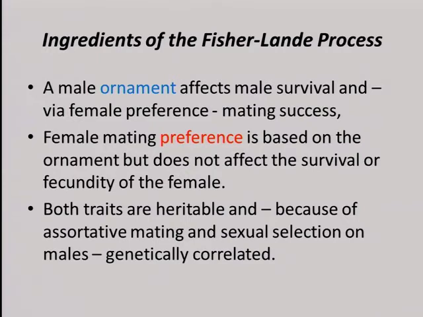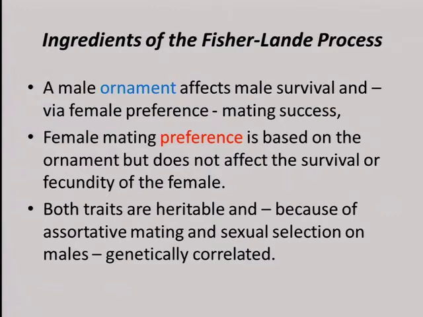But for the rest of us, the idea is this. Think back to that distribution. The females with the strongest preference in the population are mating with the males with the most extreme values of the ornament. And at the other end of the distribution, the same. Now at the high end of the distribution, the males that are most favored by the female are also leaving more progeny, right?